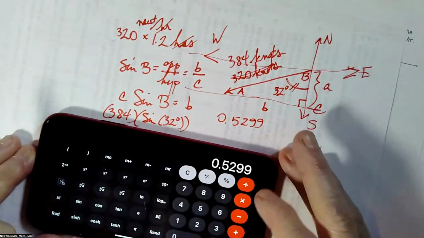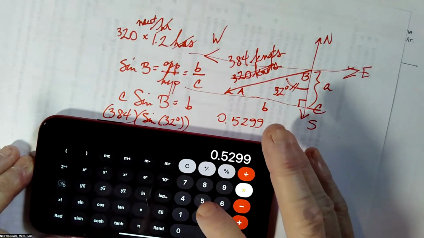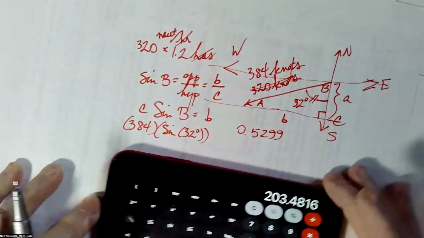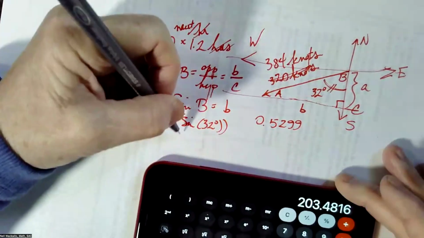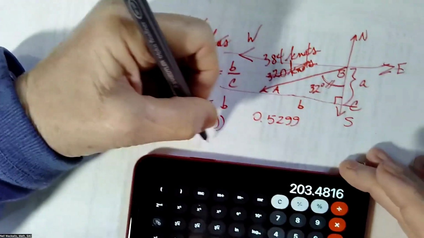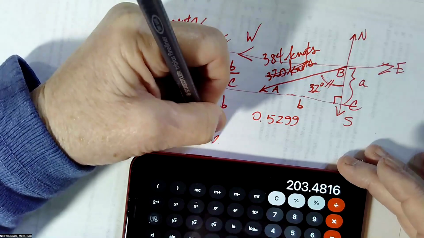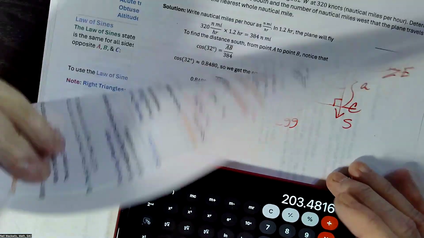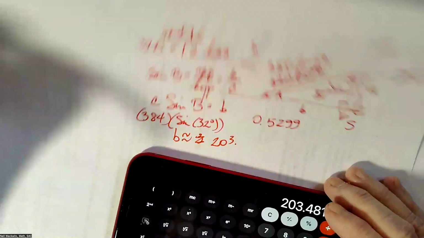0.5299 times 384. And we get that little b is approximately 203 point, was it 1 decimal place? Oh, to the nearest whole mile.